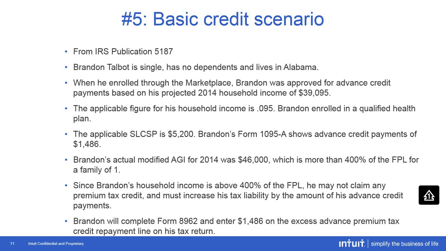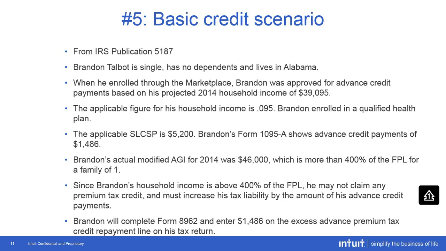$39,095. The applicable figure for his household income is 0.095. Brandon enrolled in a qualified health plan. The applicable second lowest cost silver plan is $5,200, and Brandon's 1095A shows advanced credit payment of $1,486.